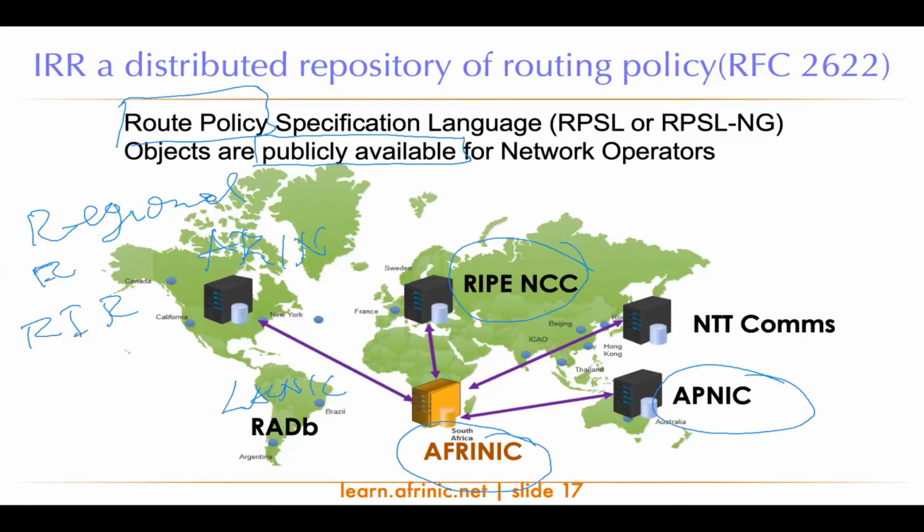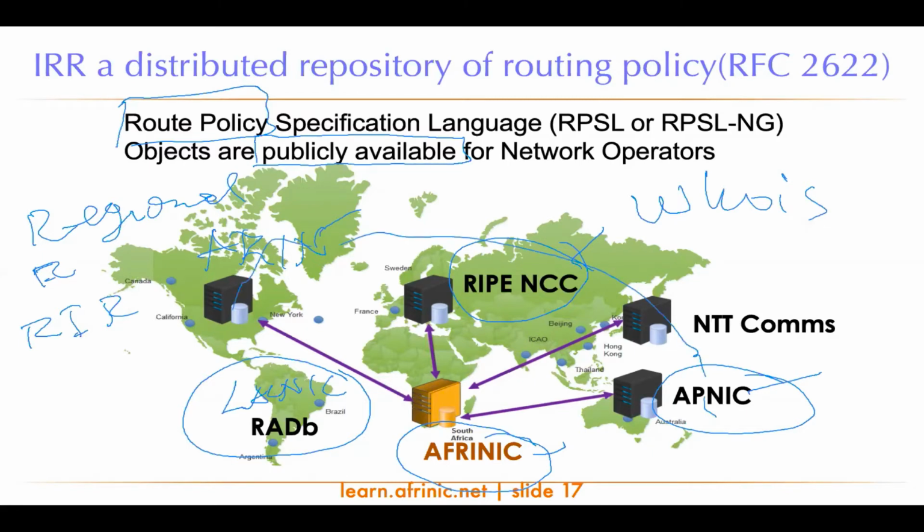So those are the various registries, and these registries have various databases where all of these routing policies can be stored. Organizations like AFRINIC, RIPE, APNIC and ARIN can use their WHOIS database to store the IRR objects, while LACNIC is using the RADB. The RADB can also be used by the other organizations as an alternative.